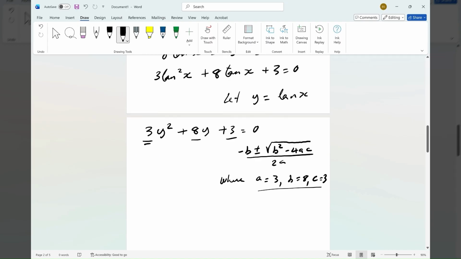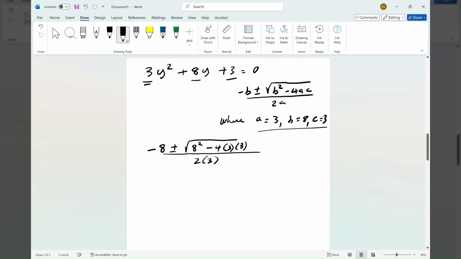Substituting this into this equation, we have negative 8 plus or minus the square root of 8 squared minus 4 times 3 times 3, divided by 2 times 3.